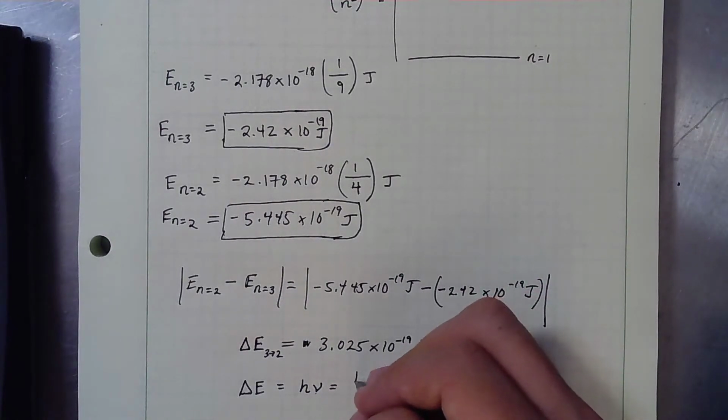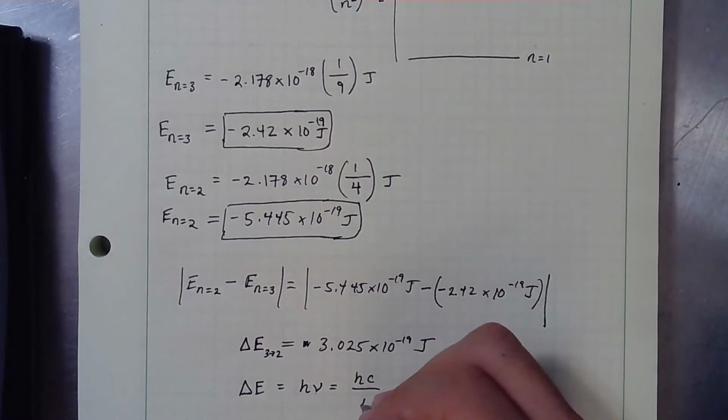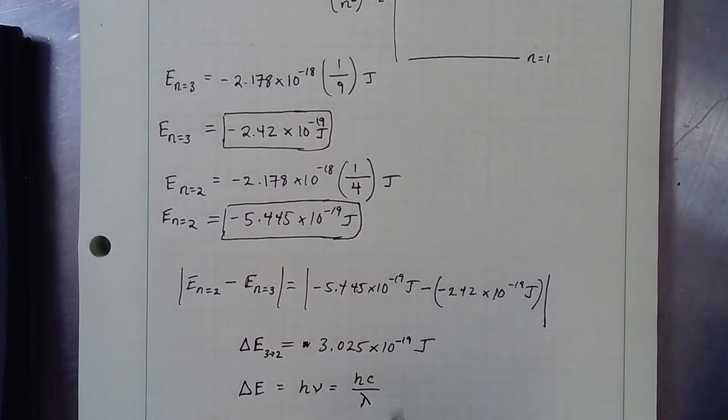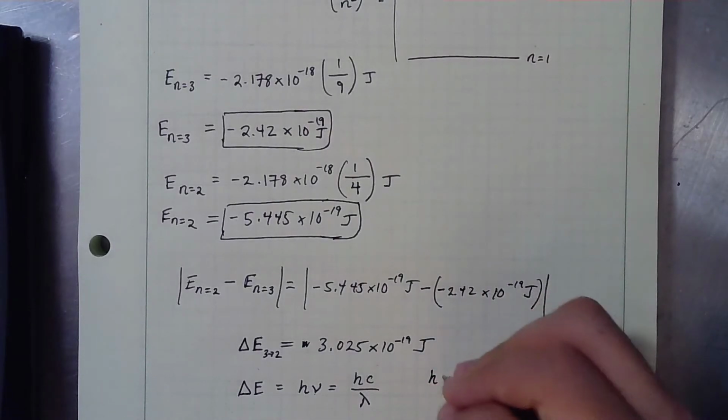So this is also equal to this. And we are concerned with what the wavelength is. So we have a delta E, h is a constant, c is a constant, and the wavelength is what we're solving for. Okay, let's figure out what those constants are.